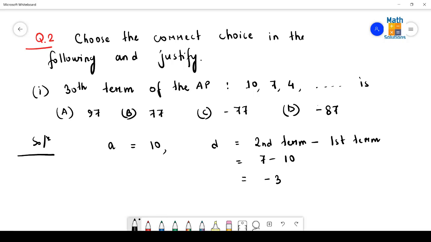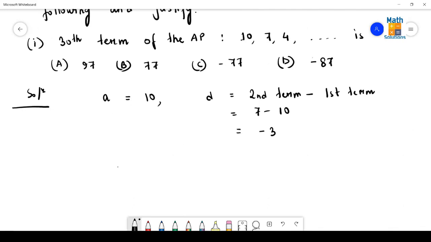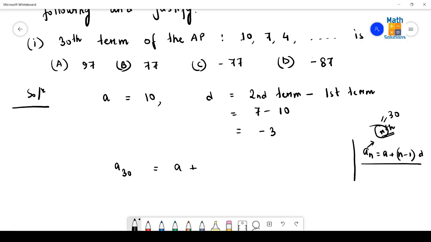So after this, the 38th term means we need to find out A38. So for A38 we already know that An is equal to A plus N minus 1 D, means for the nth term this is the formula. So for the 38th term, in place of N we have to put 38. So I can write here A plus 38 minus 1 D.